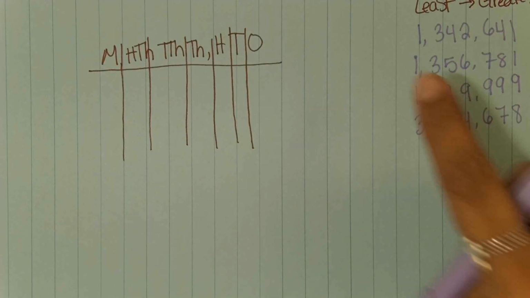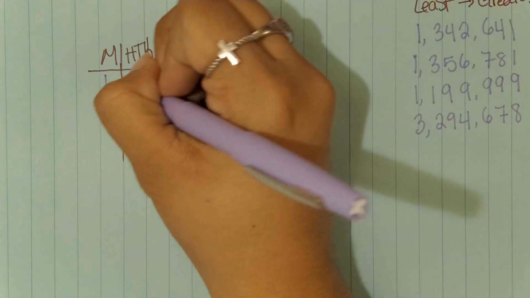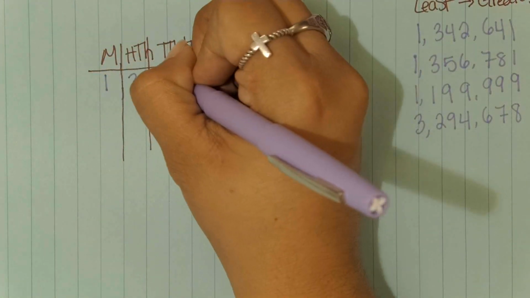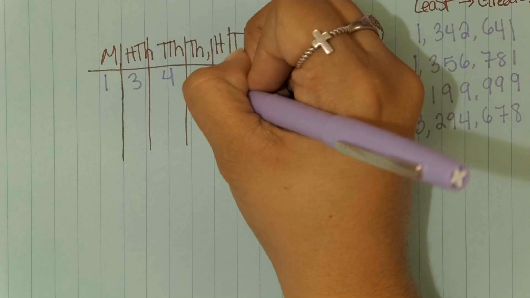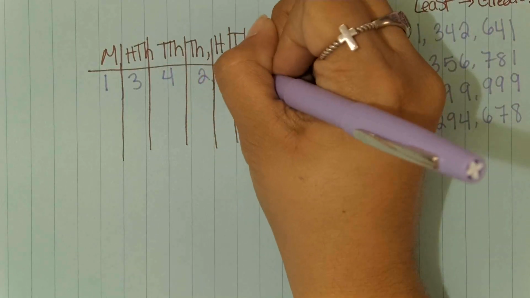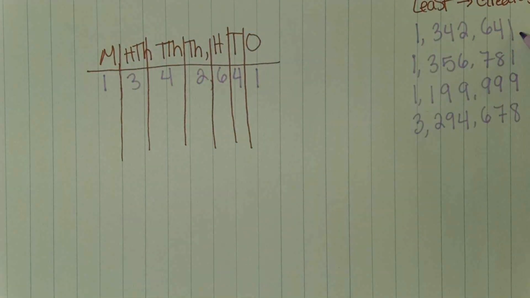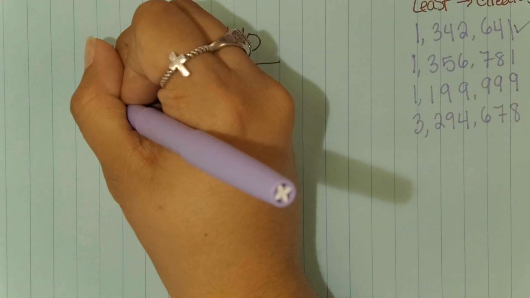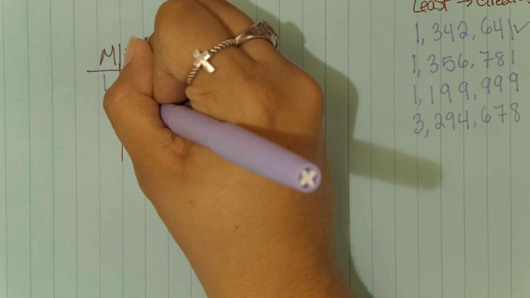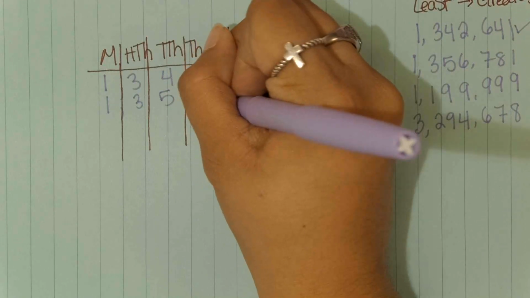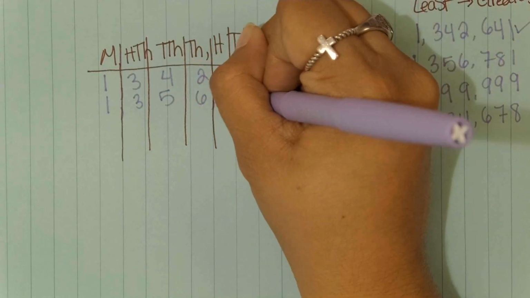So let's go ahead and put the first number down. I have 1,342,641. Next number, 1,356,781.